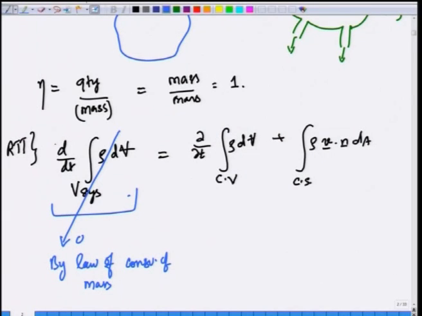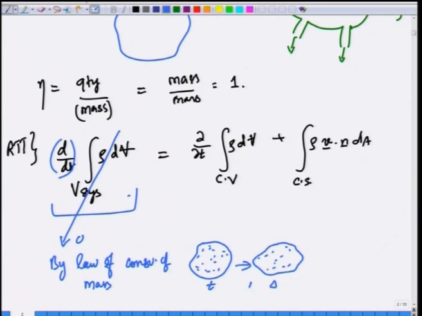That is the meaning of this derivative, where you are following a system. The system is like this at time t; at a little time later the system will deform, but it will have the same set of mass points as it had at t. So, if you follow the system at a later time t plus delta t, the mass will remain the same. So, the time rate of change of mass of the system is 0.